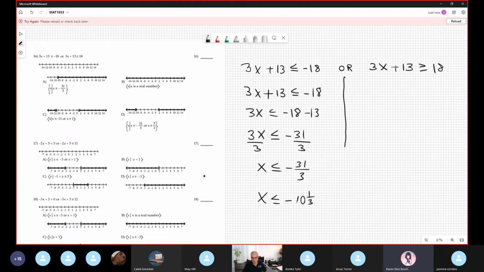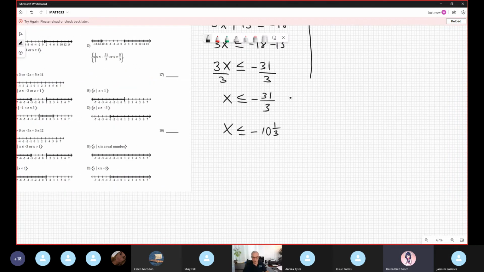So you divide 31 by 3, let's do it by hand. What is the reason to convert to the mixed number or decimal? Because I need to see the position on the number line. 31 over 3 is not clear for me. Geometrically, however, 10 1/3 is clear. You divide 31 by 3.